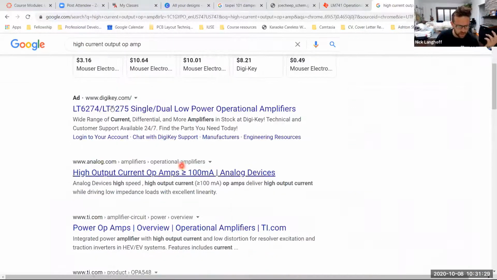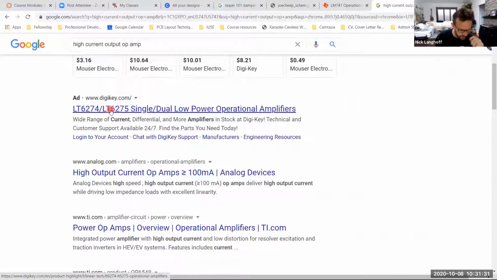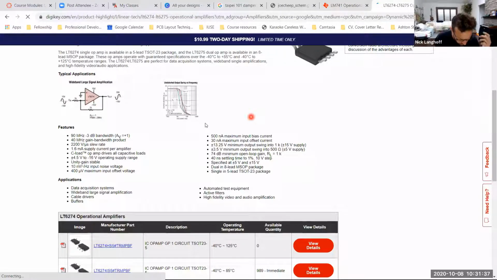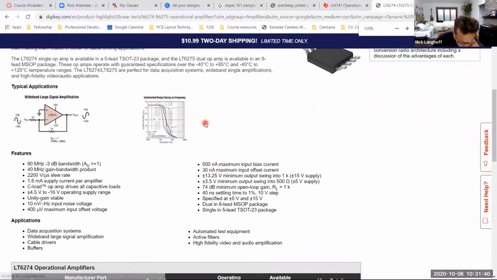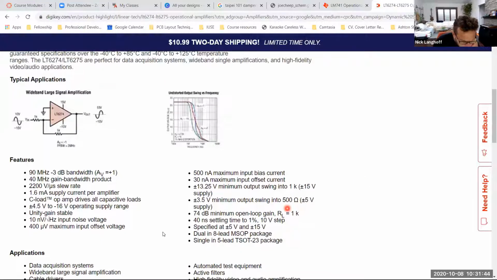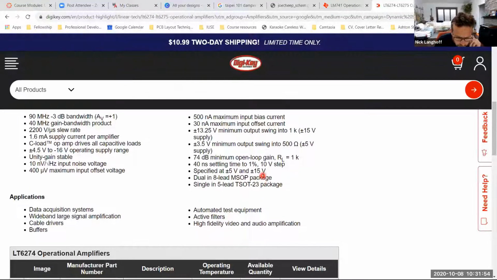Here's one from DigiKey, a Linear Technology 6274, something or other. If we look at the feature set, are we finding it? Well, I don't see it listed here very clearly.